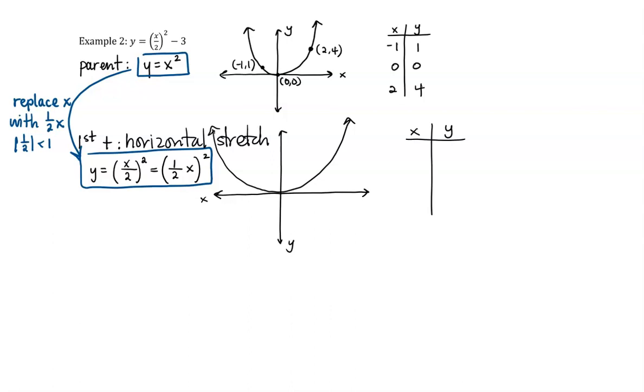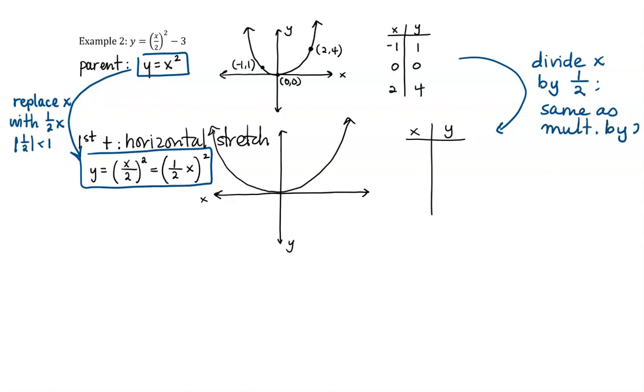We get the new point during a horizontal stretch by dividing our x values by a. In this case, a is 1/2. Dividing by 1/2 is the same thing as multiplying by 2. So the y coordinates are not going to change, right?